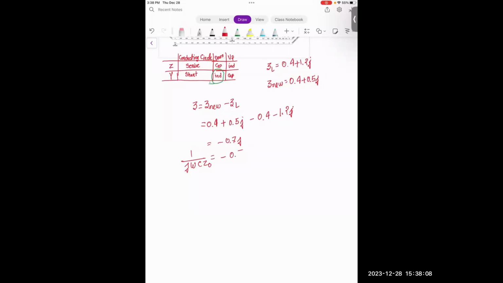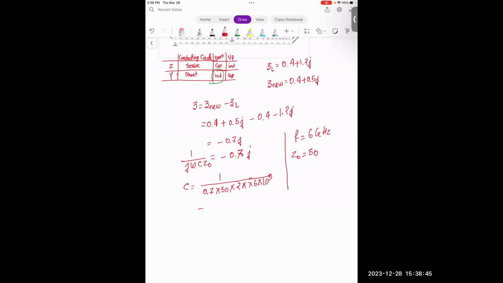So we know that 1 over j omega C is Z naught when our Z value is negative. That time we use this equation: 1 over j omega C Z naught j. So it's going to be 1 over 0.7. The question gives the frequency as 6 gigahertz, and the Z naught value is 50. We plug in the values, and we know omega is 2 pi f, which is 2 pi times 6 times 10 to the power 9.